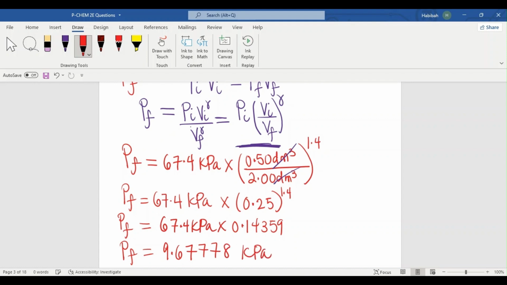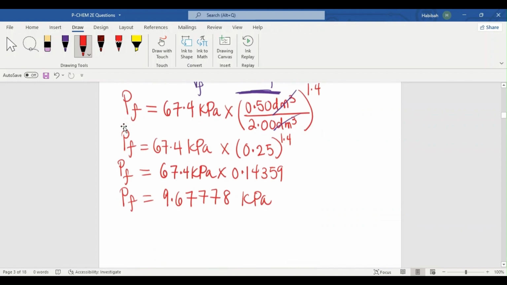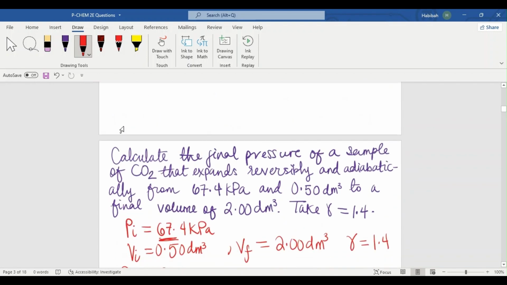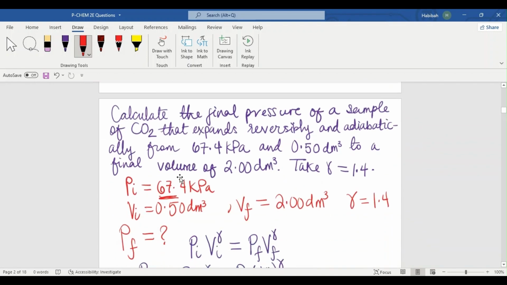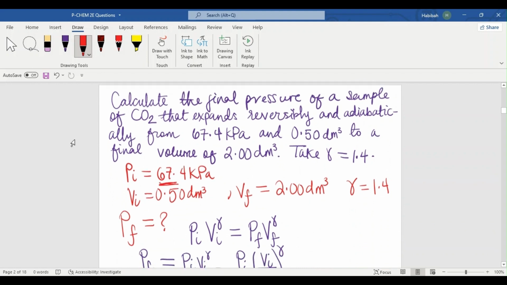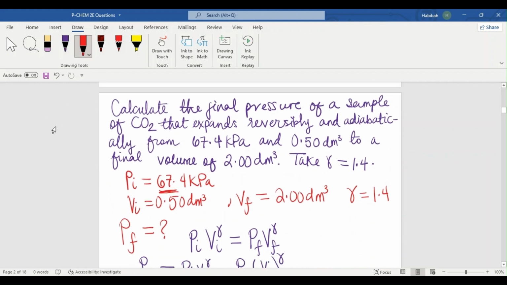Of course, this answer would have to be approximated. So we have to look at our question and see the parameters we're given and pick the lowest number of significant figures. That's basically how you do it.